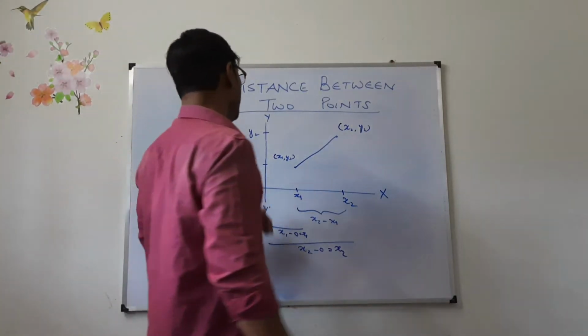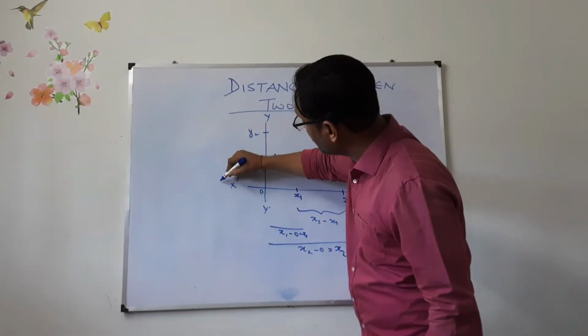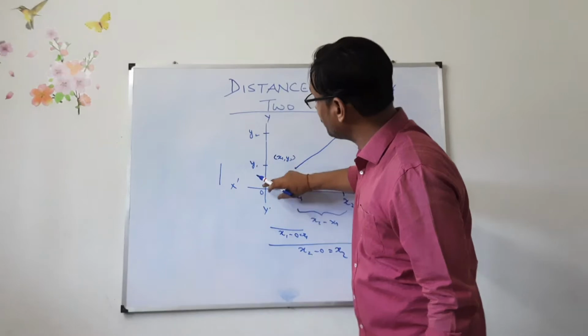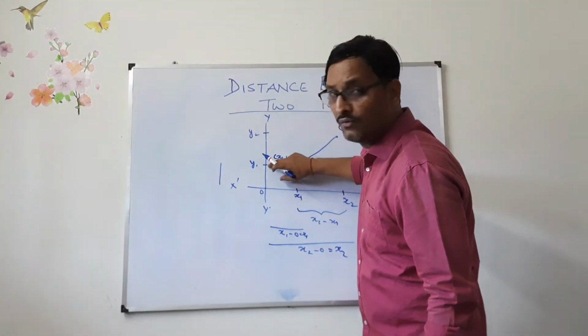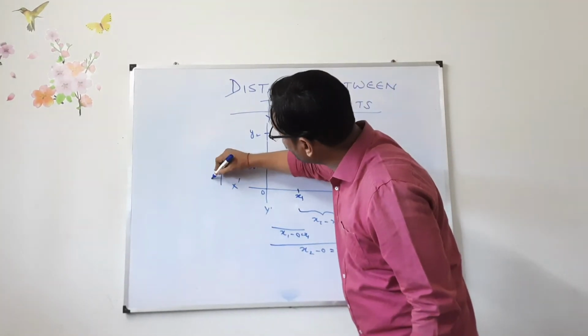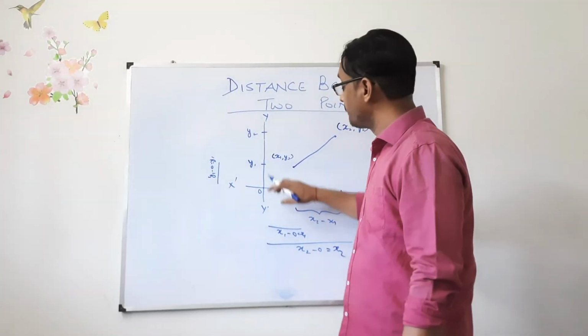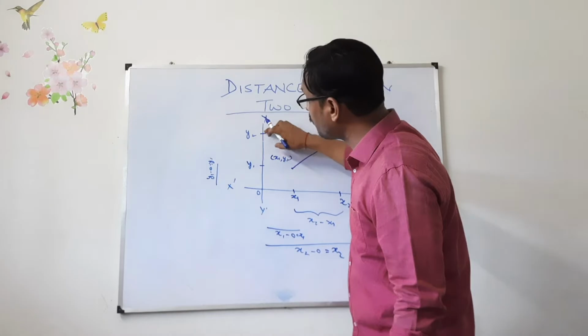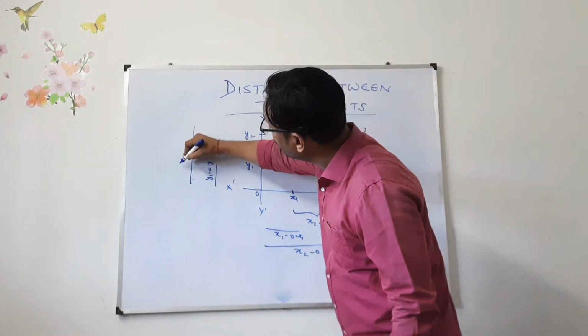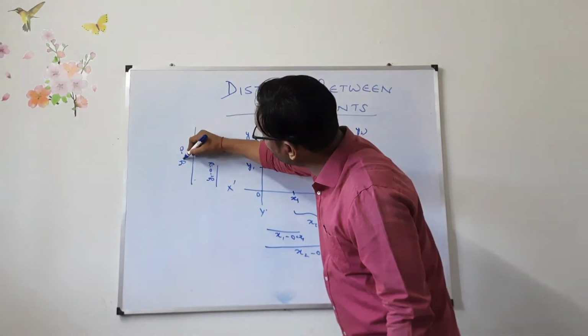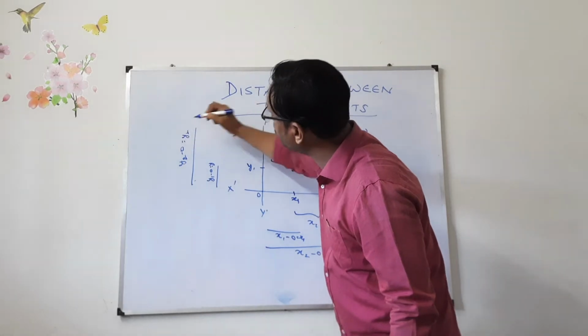The same logic applies here. What is the distance? From 0 you are moving to y1. So what is this? y1 minus 0 is equal to y1. And what is the distance from 0 to y2? y2 minus 0 is equal to y2.